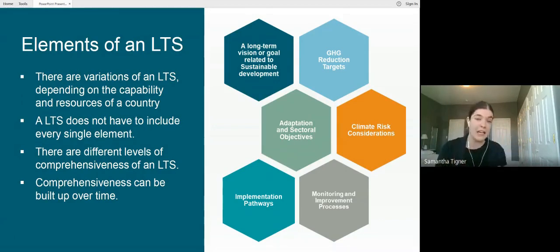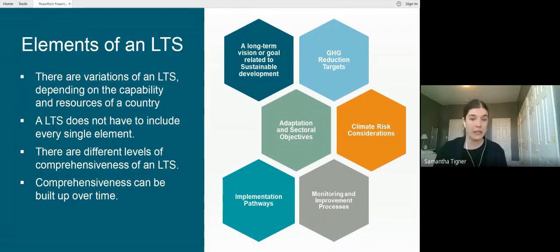So a key aspect of the long-term strategy as well is not only to delineate these objectives, but actually to talk about how those are going to be achieved. So these are your implementation pathways, which you can see on the bottom left of this diagram. These implementation pathways are the tools and the methods within which these objectives are actually going to be pursued and achieved.